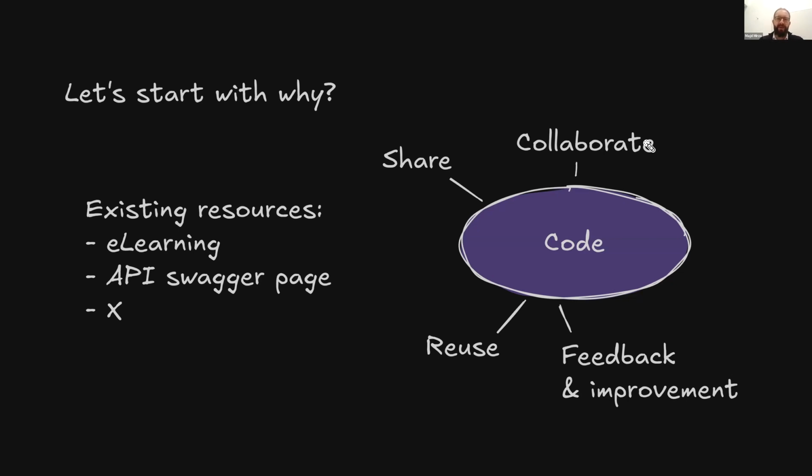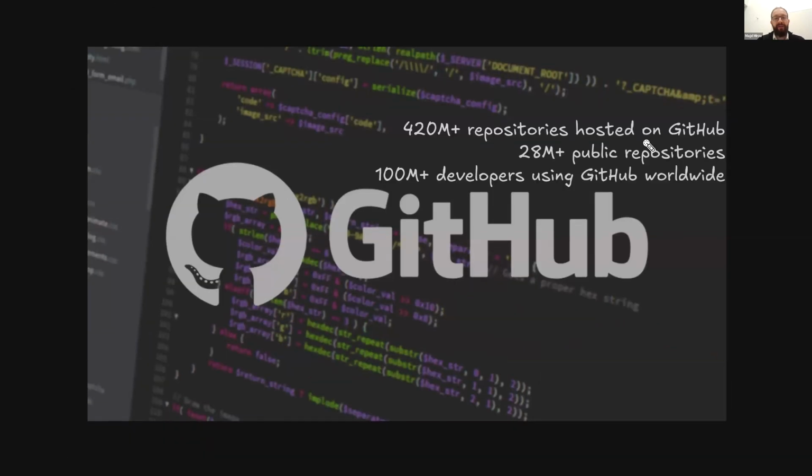So we thought we need a platform that allows us to share code, collaborate on code, reuse code and functionality that others have written, and also accept feedback and improvements to the code that we have written. There is already a platform tailor-made just for sharing code. It's the biggest platform in use, and that is GitHub.